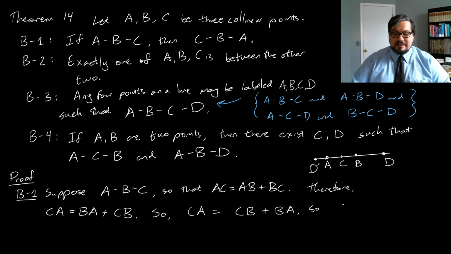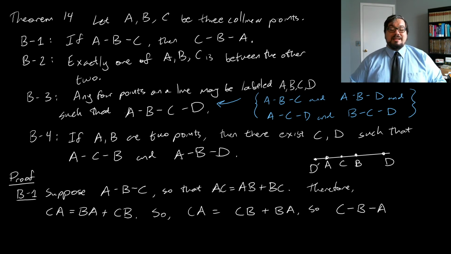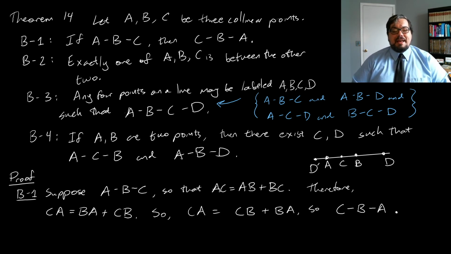This is exactly what we would use to conclude that B lies between C and A. So B1 is a very quick way of doing things using the original definition. Though, again, we want to use the coordinate system approach for the others. So let's look at those.